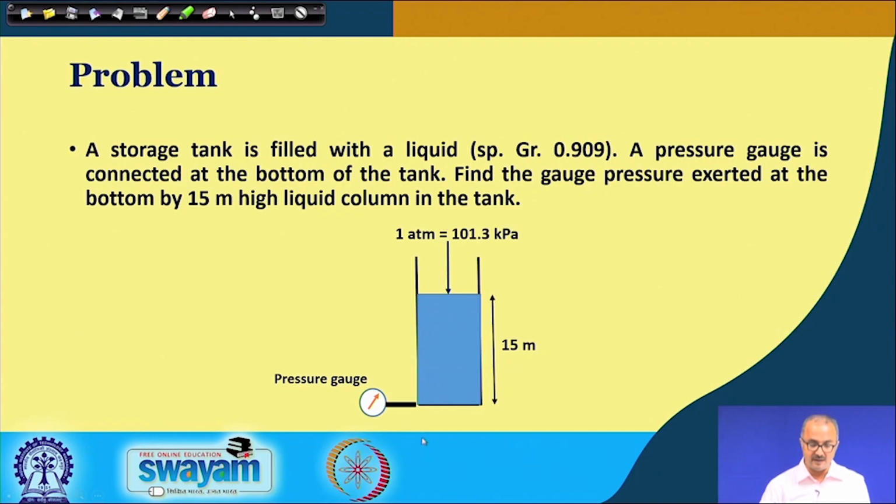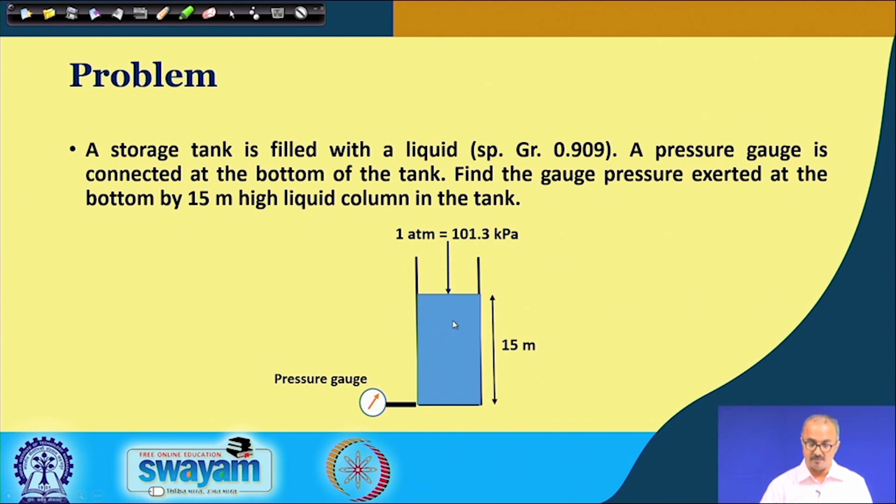At the surface of the liquid we have the atmospheric pressure, but as we move down the liquid the hydrostatic head comes into the picture, and at the bottom the pressure is the atmospheric pressure plus the pressure due to this liquid column.